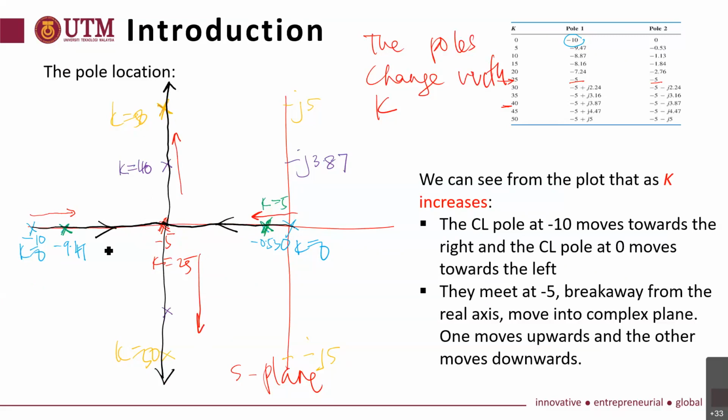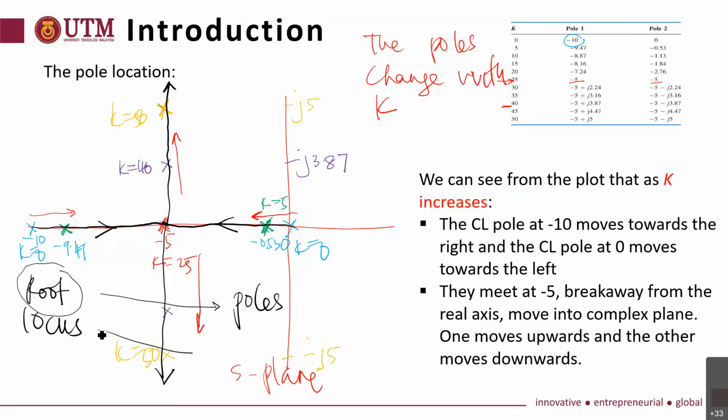This movement is known as root locus. Root here refers to the pole. Locus means loci, meaning what is the pattern of the pole, how it looks when we change some value.